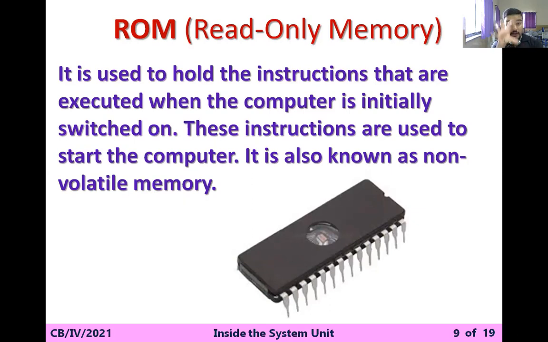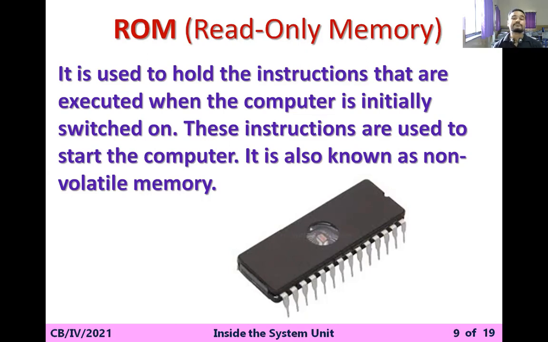The main operating system, main software, and main instructions of your computer are stored on this ROM. The programs required for starting your computer are stored inside the ROM, because if they were not there, how would your computer start?